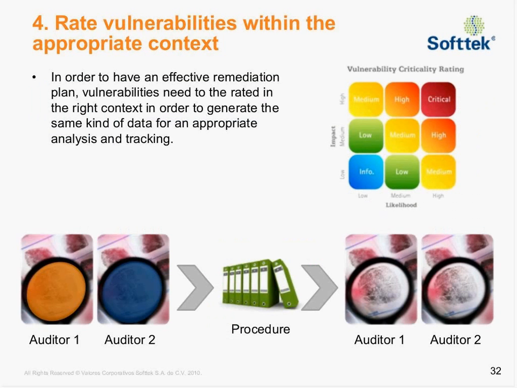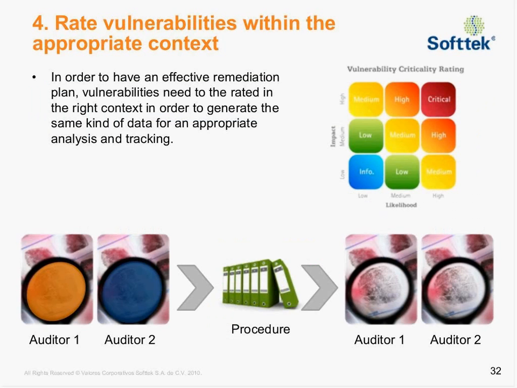Our fourth consideration is that we need to clearly define a procedure to rate the vulnerabilities in the context of the impact this may have on the business and the likelihood of a breach occurring. Having clear definitions for impact and probability is the first step towards an effective vulnerability rating system.